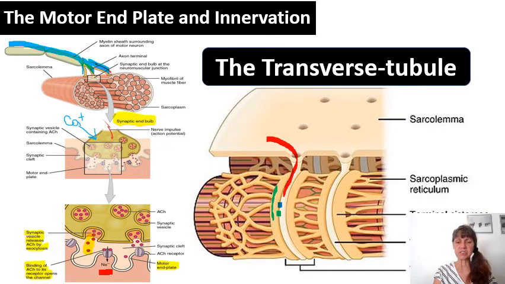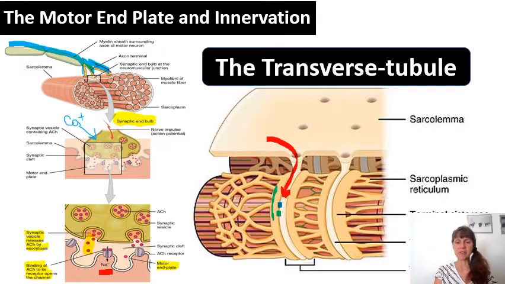When the voltage travels down, that end plate potential, that local change in voltage travels on the sarcolemma and through the transverse tubules. That change in voltage changes the proteins embedded in the transverse tubule, which affects the shape of the protein embedded in the terminal cisternae.